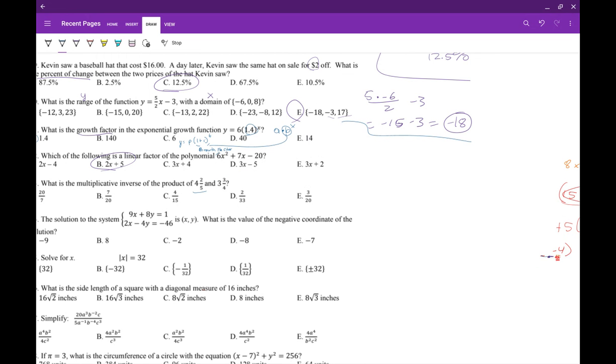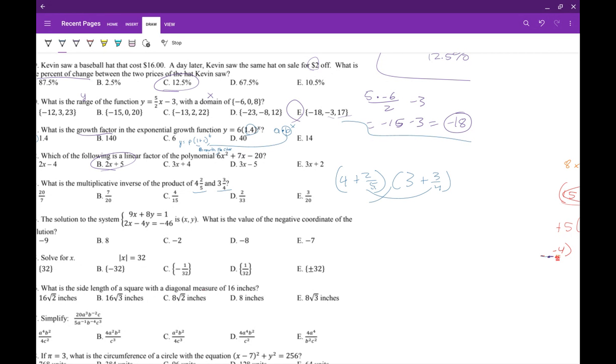Okay. So 4 and 2/5 and 3 and 3/4. These are mixed fractions, but pretty much it's 4 plus 2/5 times 3 plus 3 over 4. Right? That's what a mixed fraction is.